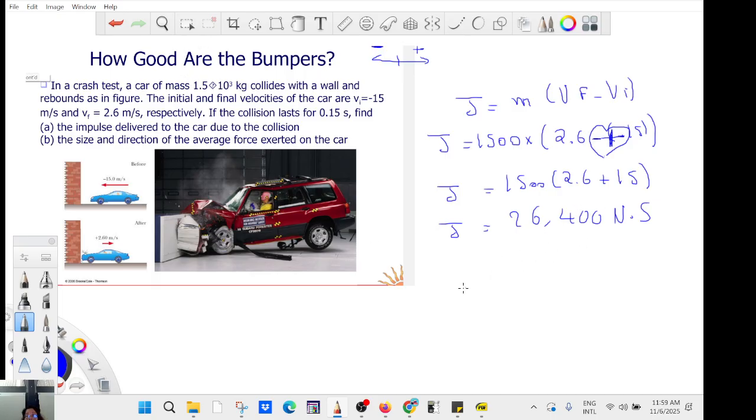1, 2, 3. And the average force times time equals the impulse. And the time is 0.15 seconds. So it's going to be 26400 divided by 0.15.